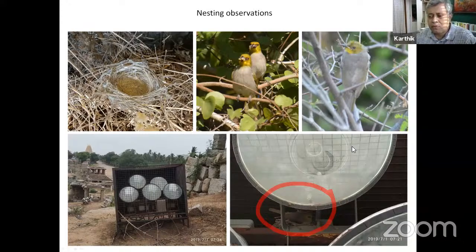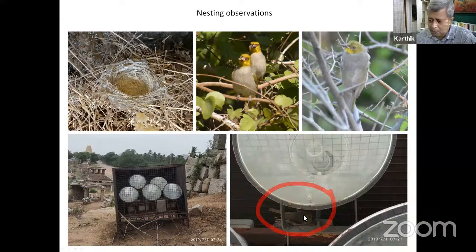Sometimes you will also find nests in very awkward places. It is the wish of the bird to make the nest wherever it pleases, and it has made a nest in this box which has a cover. Maybe this is a good cover to keep cats from entering, and they have made a nest just under the light here.